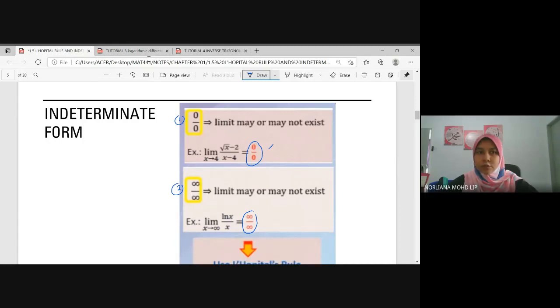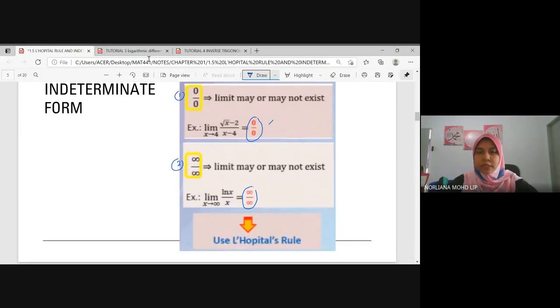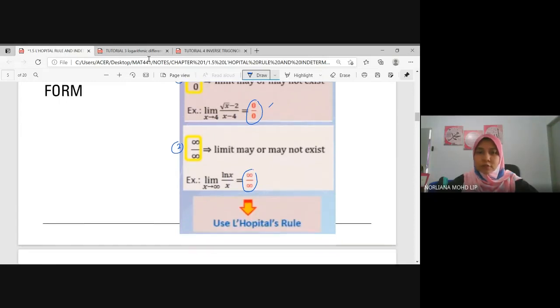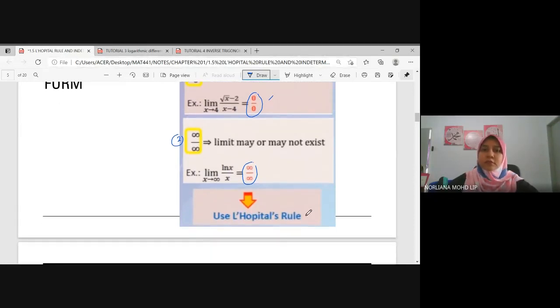So what should we do if the answer for the limit is an indeterminate form? We must apply the L'Hopital rules. If we get an indeterminate form, 0 over 0 or infinity over infinity, we must apply the L'Hopital rules.